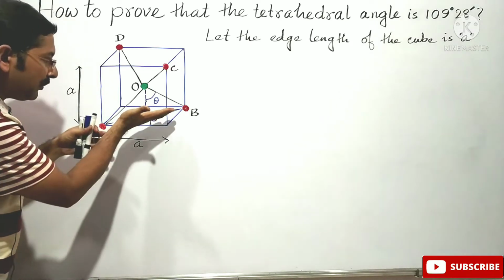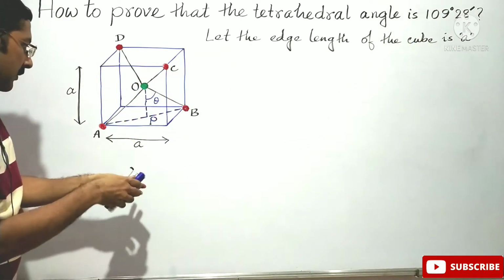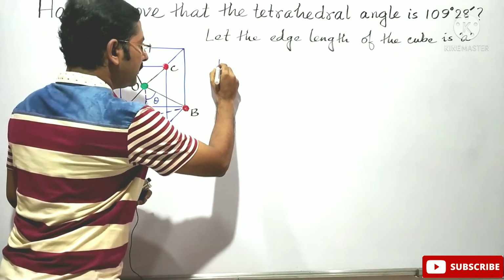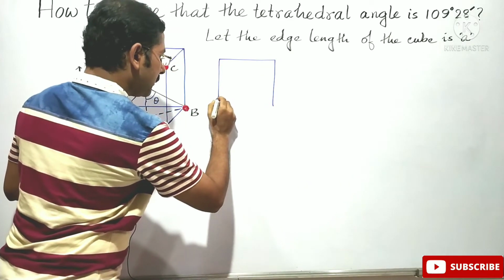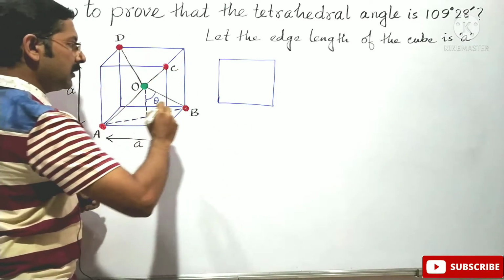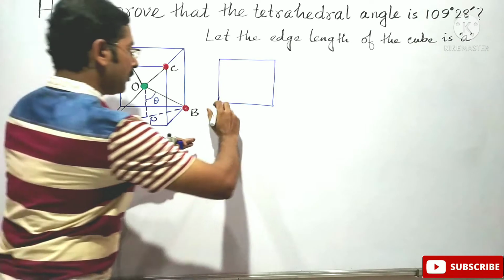Now we can draw this square face of the cube over here. This square face is drawn here.